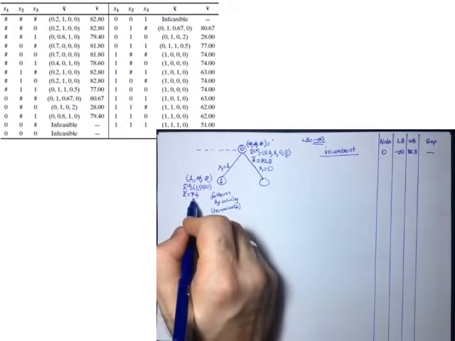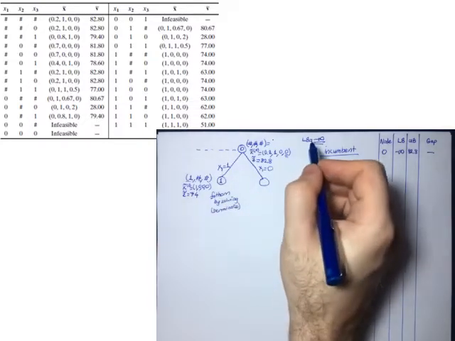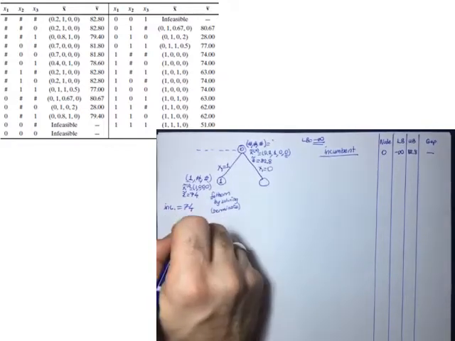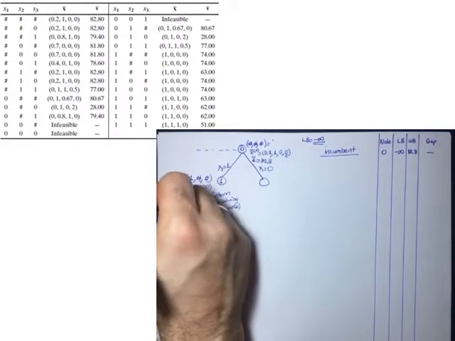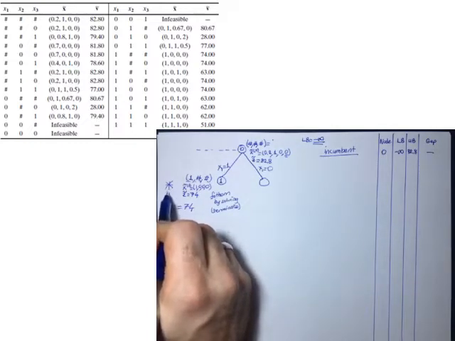And here I am trying to maximize. I have a solution with an objective value of 74. Previously, I didn't have anything. It means that I need to update. So my incumbent becomes equal to 74. Since I updated my incumbent, I put a star here, because when the algorithm stops, in order to find the optimal solution, I will check the nodes with a star. These nodes with a star will give me the optimum solution.